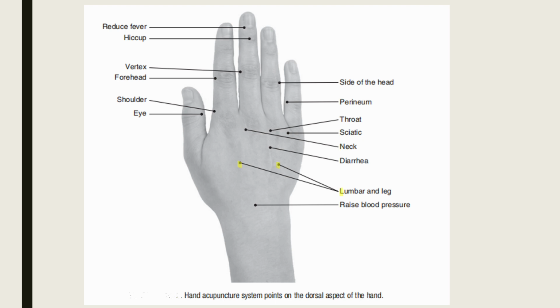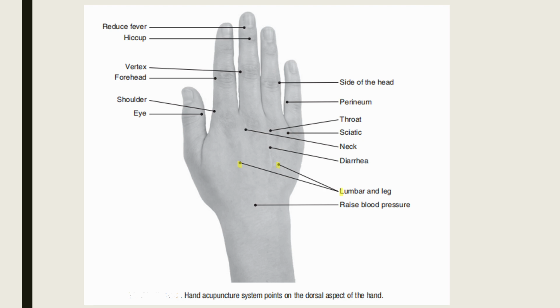Then we have the lumbar and leg. Location: 2 points, located 1.5 centimeters anterior to the transverse crease of the dorsum of the wrist. Lumbar and leg 1 is located on the radial side of the tendon of the second extensor digitorum manus between the index and middle fingers.